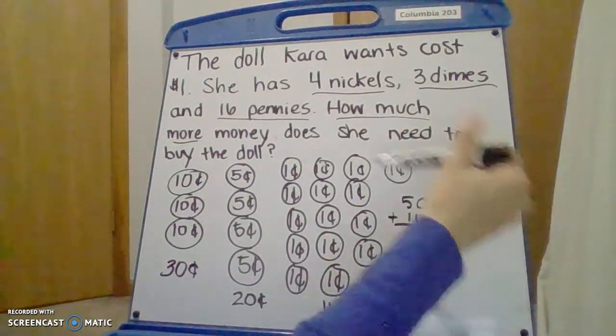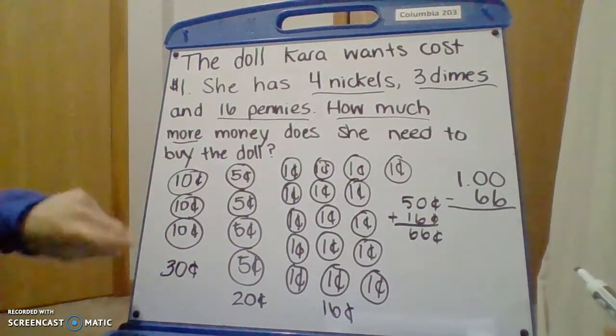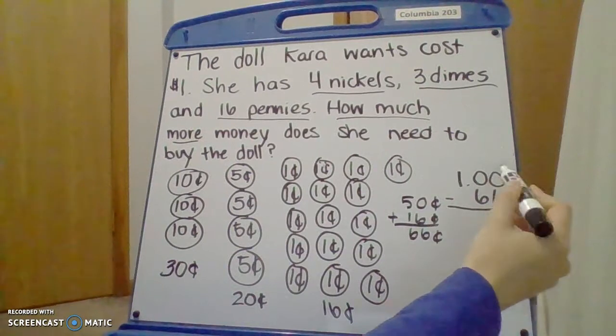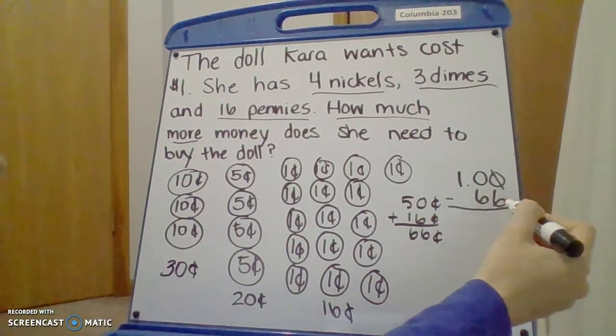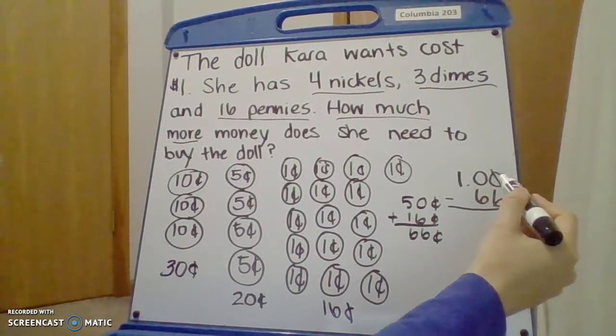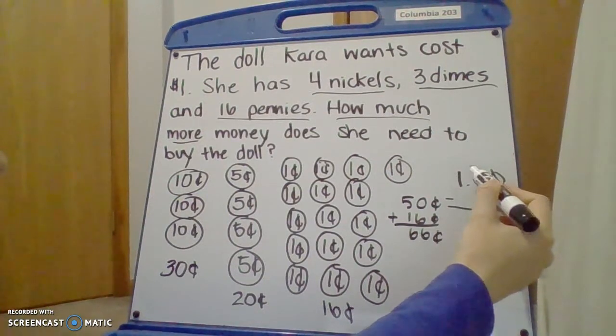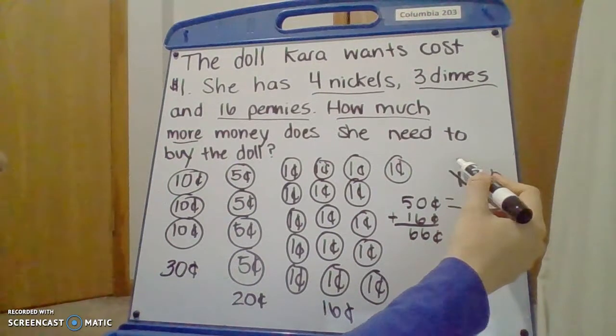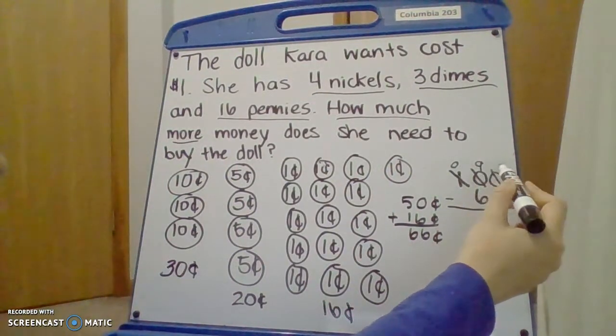This is a 2-step problem because first we had to figure out how much money she had. They didn't tell us that. So you're going to start in your ones place. You're going to cross this off because you're unable to take 6 away from 0. So you go to your neighbor, cross that off. They don't have anything. Go to your next neighbor. That's a 1. We can take that. 0 becomes a 9. You have to unbundle.